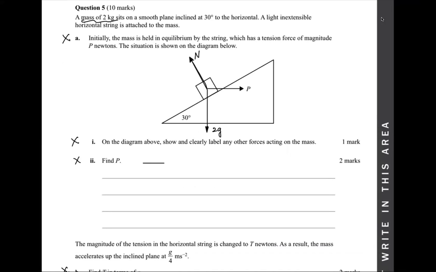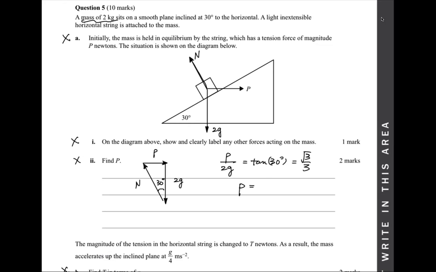Now, I'm going to use a force triangle. 2g is here, P is here, N is here. This is 30 degrees, definitely. So, P divided by 2g equals tangent 30 degrees, which is root 3 over 3, or 1 over root 3.